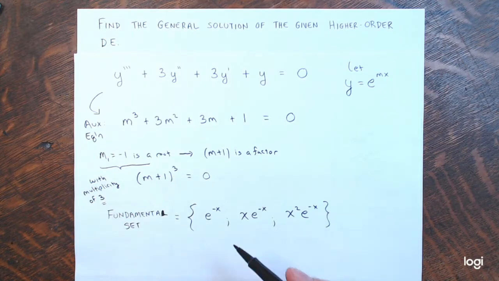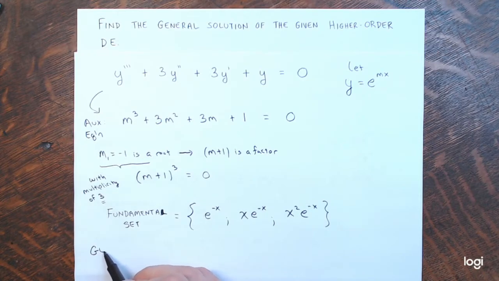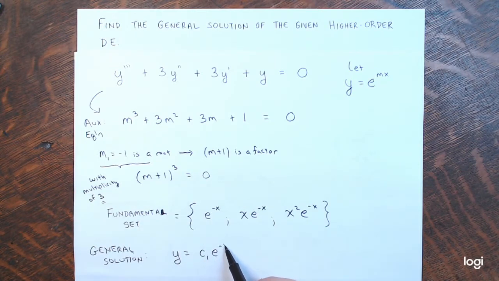We should have 3 total, being a third order equation. All right, and now that I have the fundamental set established, the general solution to this differential equation is the following: y equals some constant c1 times e to the -x plus some constant c2 times x e to the -x plus some constant c3 times x squared e to the negative x.